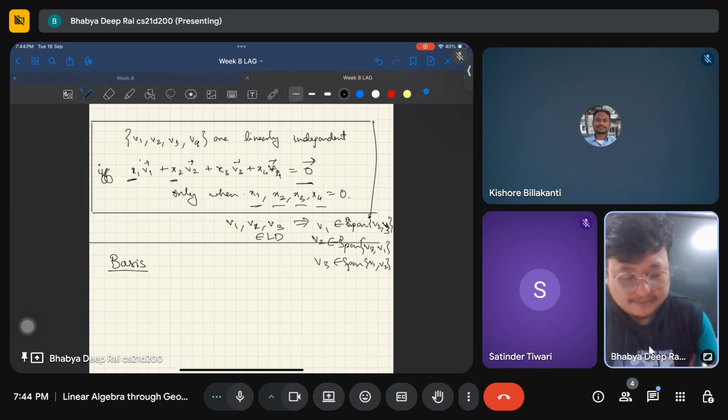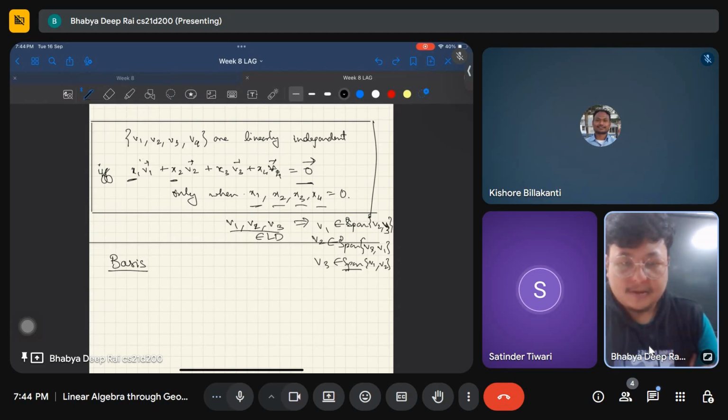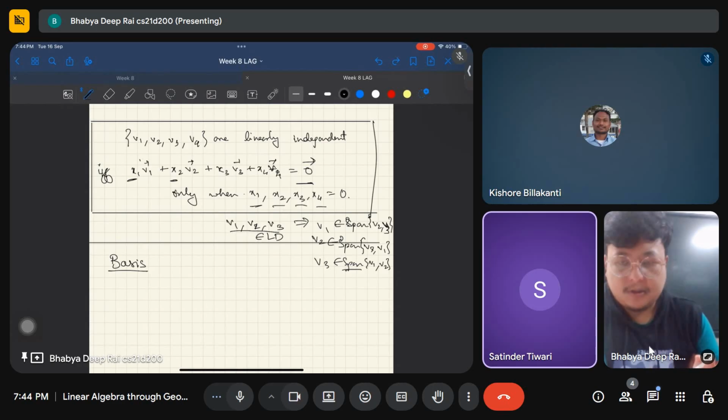Why? Because span represents nothing but all possible linear combinations. Saying v1, v2, v3 are linearly dependent means there is a linear combination of v1, v2 which results in v3, and from that I can get a linear combination that results in v2 also.